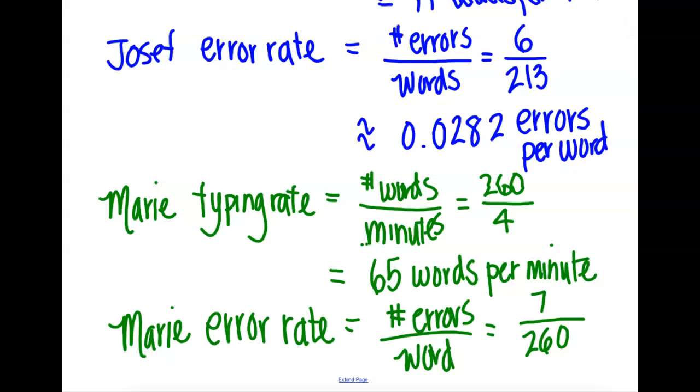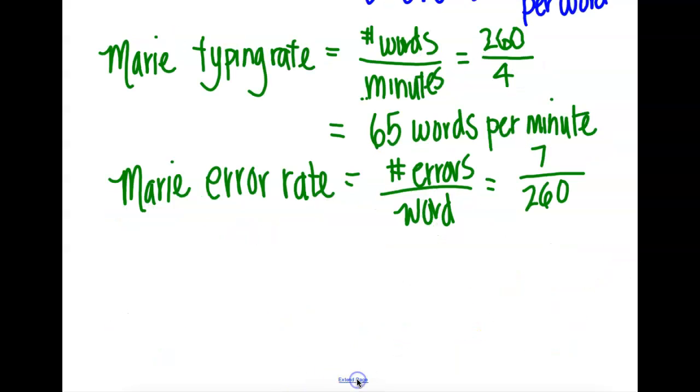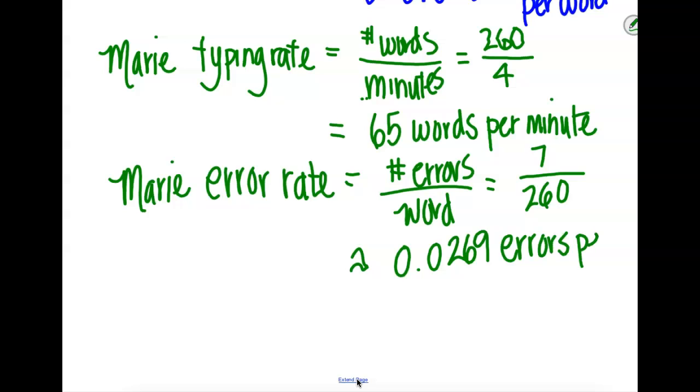We would substitute that into our calculator. And that would be 0.0269 errors per word.